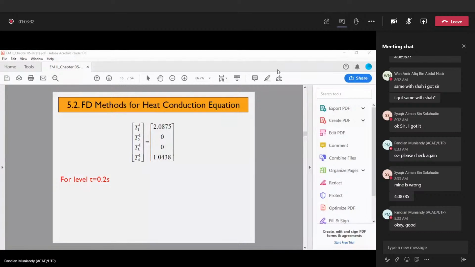I repeat: T superscript 2, subscript 2 equals 0 plus 0.020875 multiplied by 0 minus 2 multiplied by 0 plus 2.0875. Yes, one Amir. Shakir.